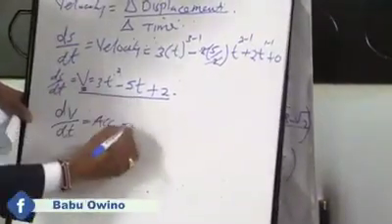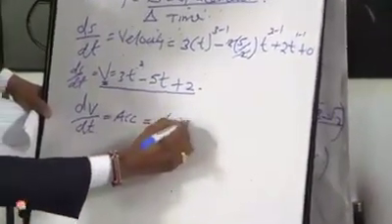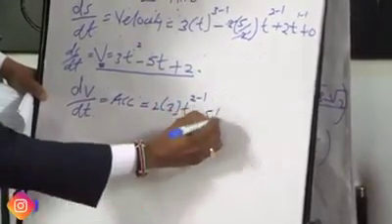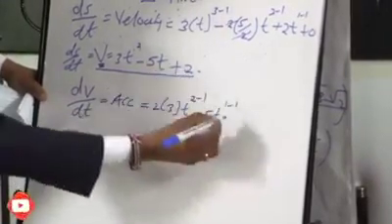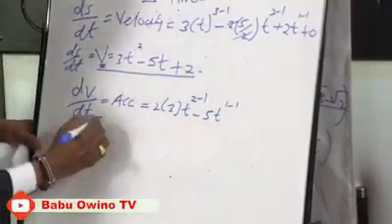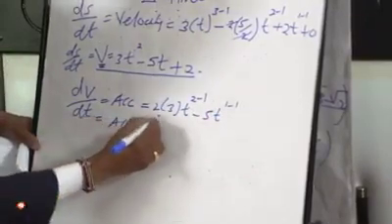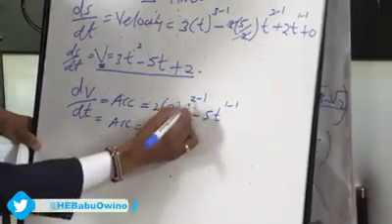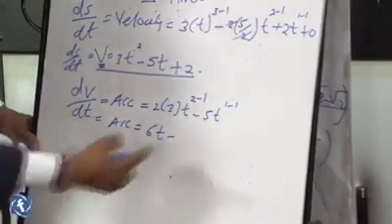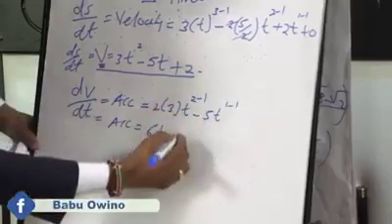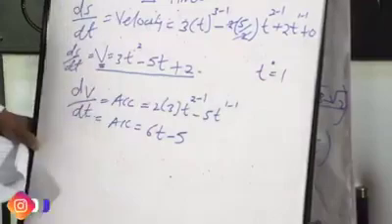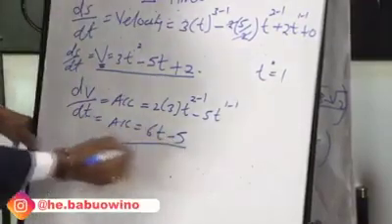Further differentiate this: you bring 2 down, multiply by 3, then t to the power 2 minus 1, minus 5 into t to the power 1 minus 1, and this is 0. So our acceleration equals 6t minus 5, because t raised to power 0 is 1. So this is our acceleration.